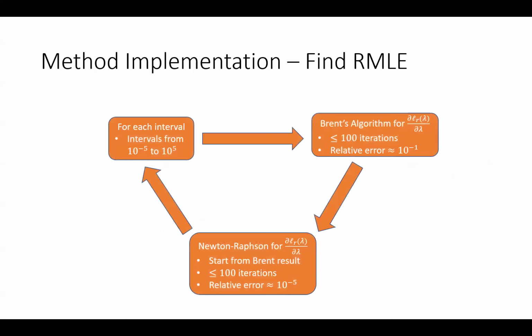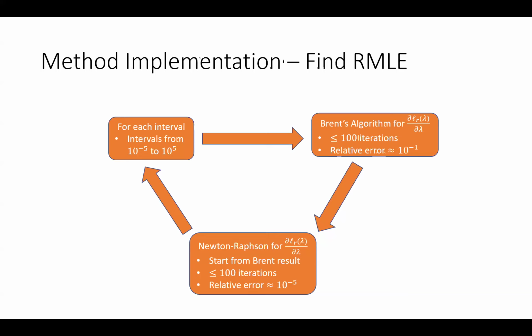So moving a little further, the way we actually find these optimizations is we break the lambda parameter into intervals on the log 10 scale from 10 to the negative 5 to 10 to the 5. Then we apply Brent's algorithm within each of those intervals and optimize it for at most 100 iterations, guaranteeing a relative error of 10 to the negative 1.